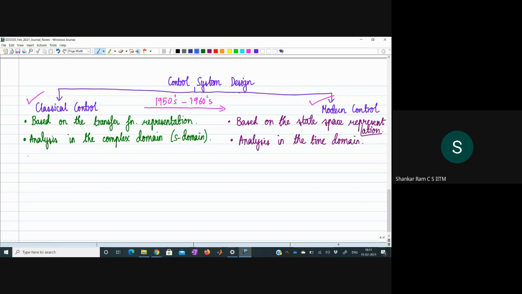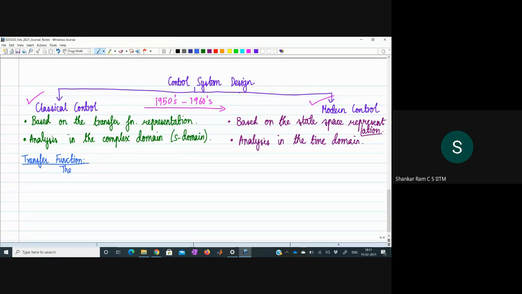I'm just going to briefly recap what we had already studied in vehicle dynamics on this notion of transfer function. If you recall, a transfer function is the ratio of the Laplace transform of the output to the Laplace transform of the input under zero initial conditions, right?